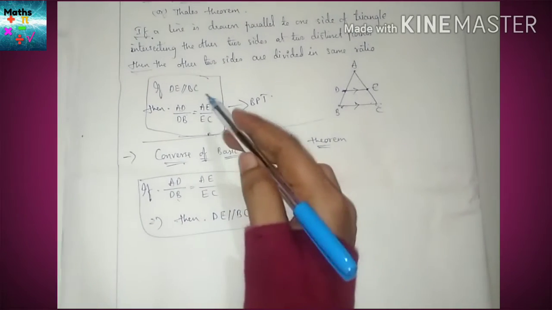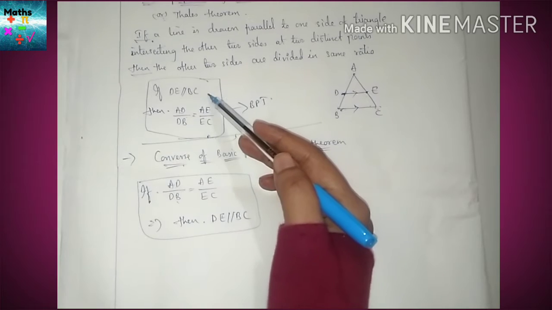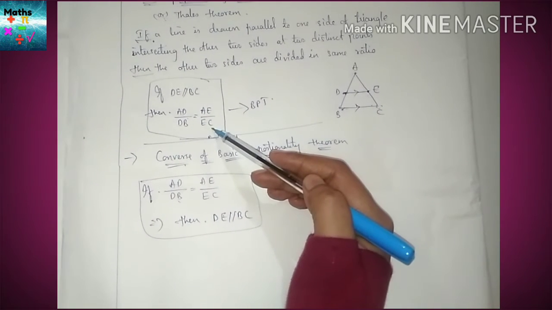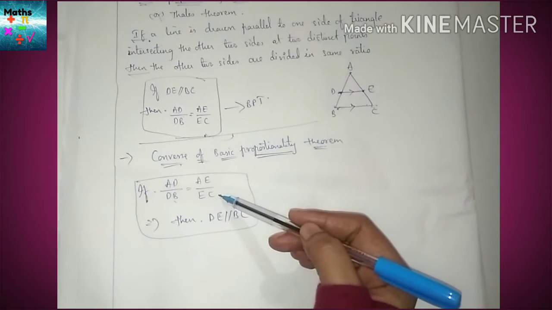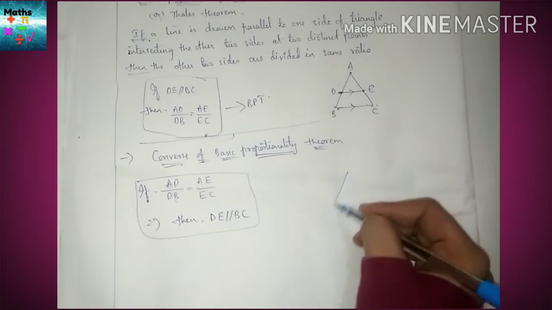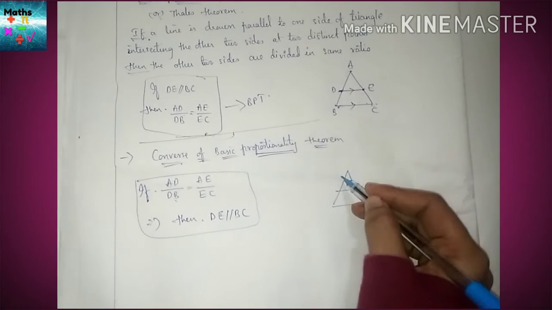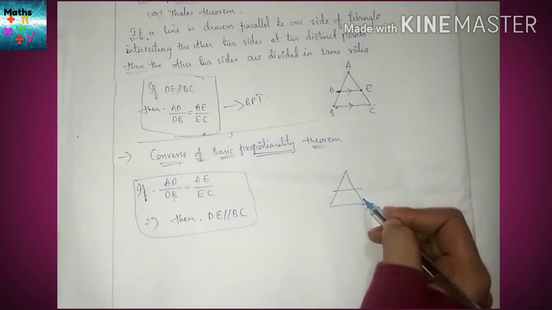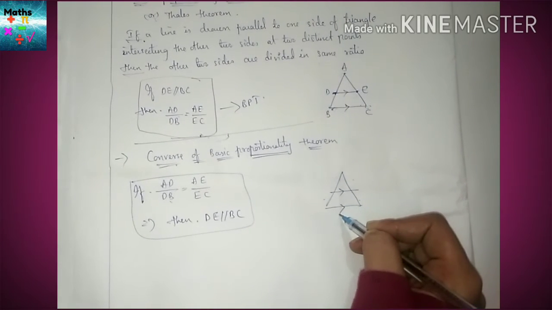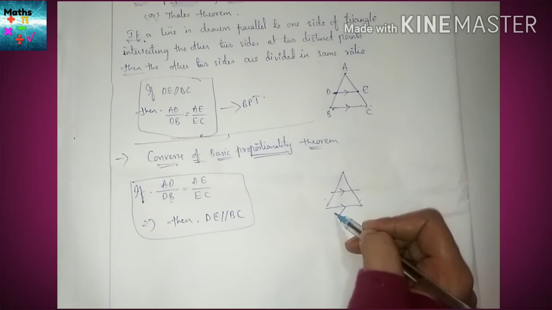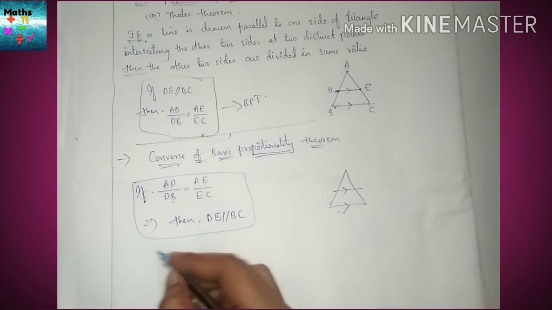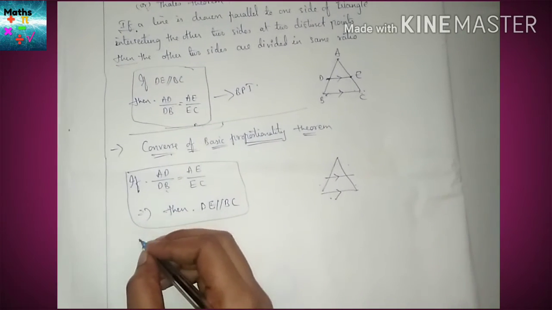You can see here the condition is given: if the line is parallel, then the other two sides are divided in the same ratio. Here, if the line divides the two sides in the same ratio, then the line must be parallel to the third side. Okay, so it is the converse of BPT. So I'll write the statement over here.